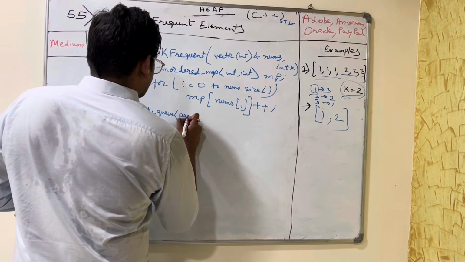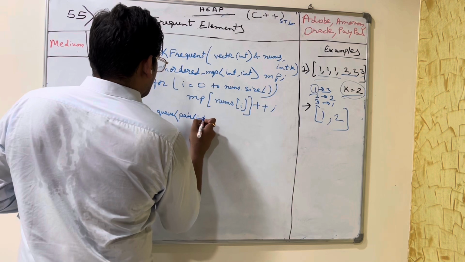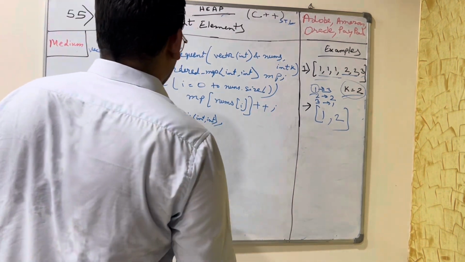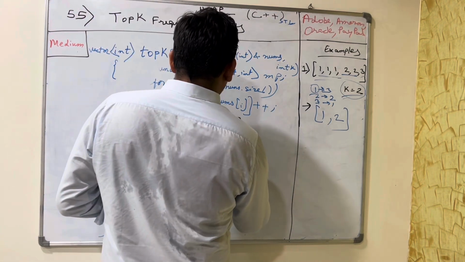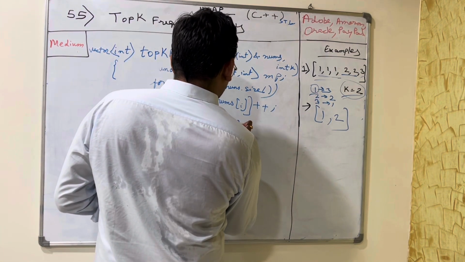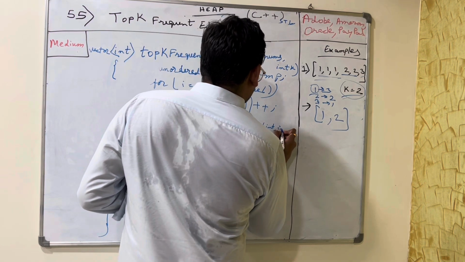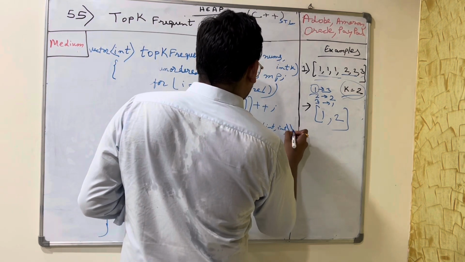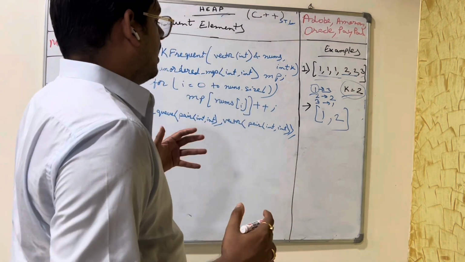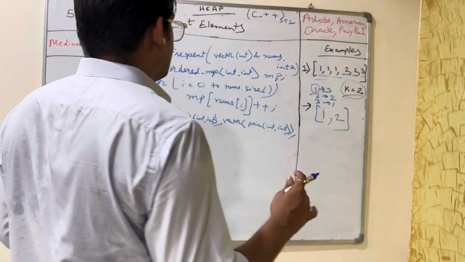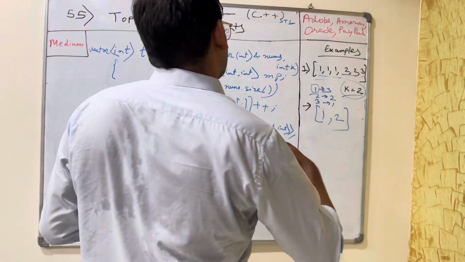We need a pair, 2 elements, right? One is the number and the other is the count of that number, right? Pair of int and then vector of pair of this. This is the data type, and when we needed max heap, we used greater int, right? But that automatically solved our problem because that was the library.